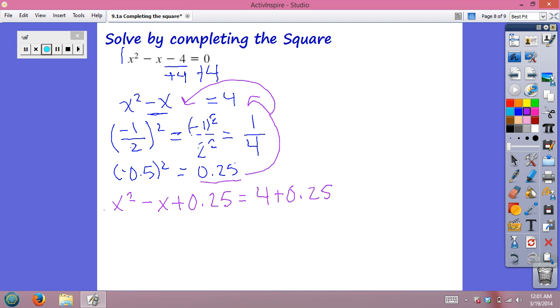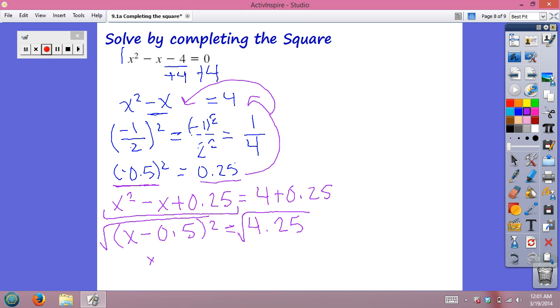Take one side of our equation and make it into a perfect square. So remember the value that we got before we squared it was negative 0.5. So we get x minus 0.5 squared equals 4.25.